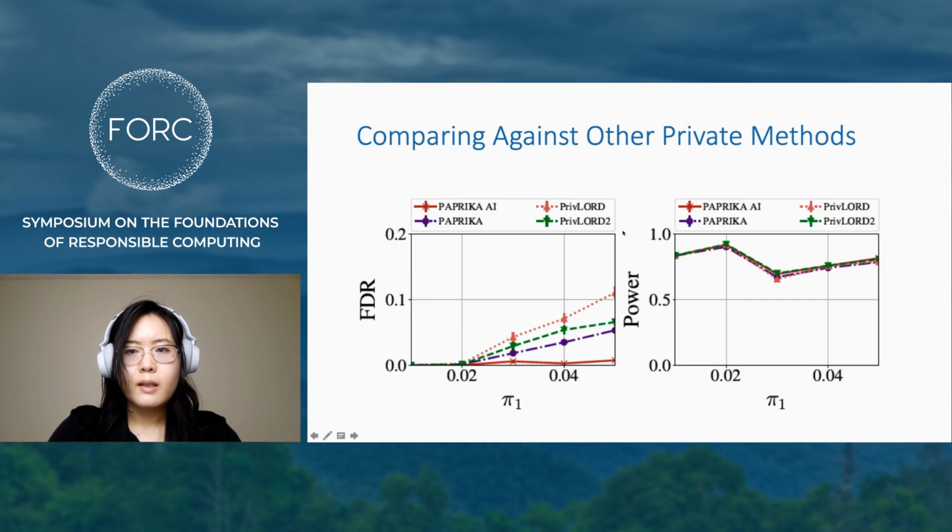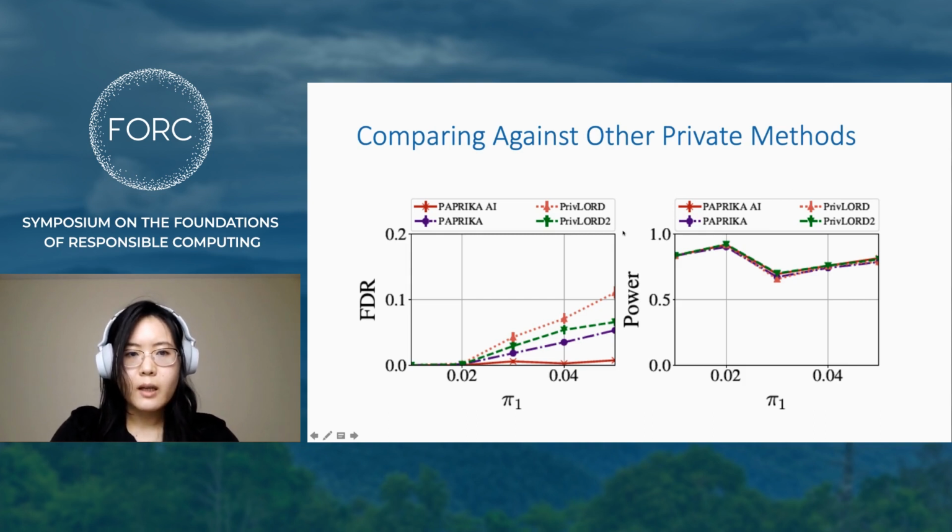And I promise that I'll show some results on the comparison with other private algorithms. I should emphasize that PAPRIKA is the first algorithm for private online FDR control, and there's no private baseline in the literature. Here we propose the private LORD and private LORD 2, and they are both other possible ways to privatize this LORD++ without this candidate checking step.